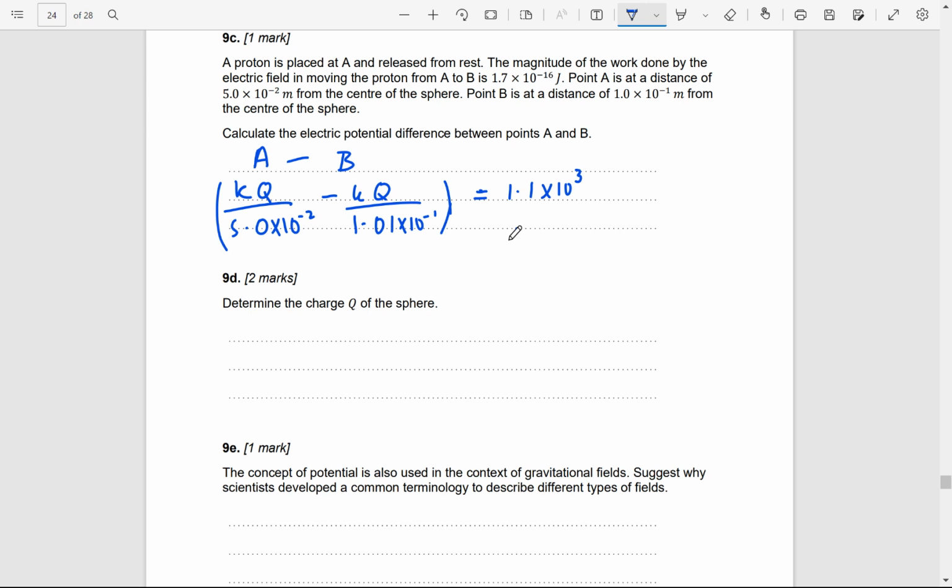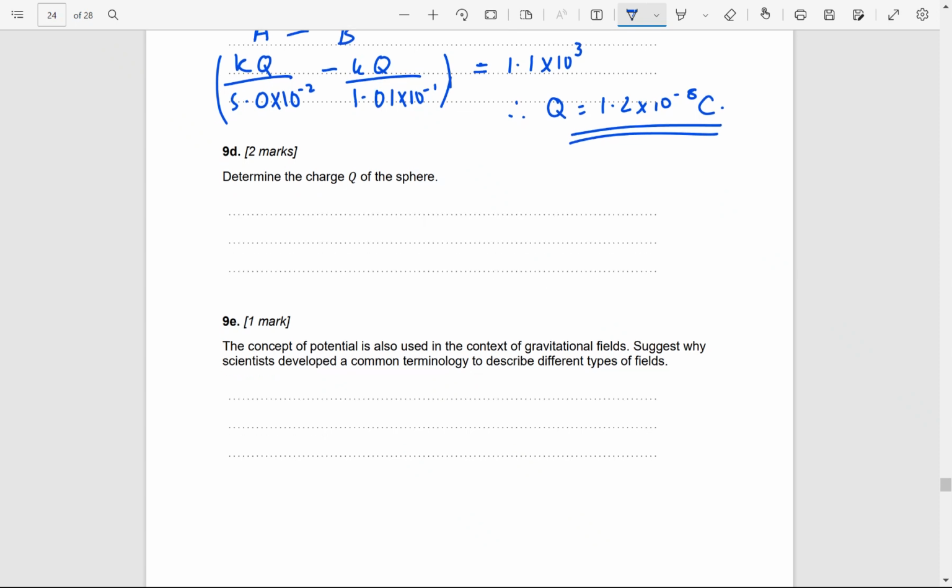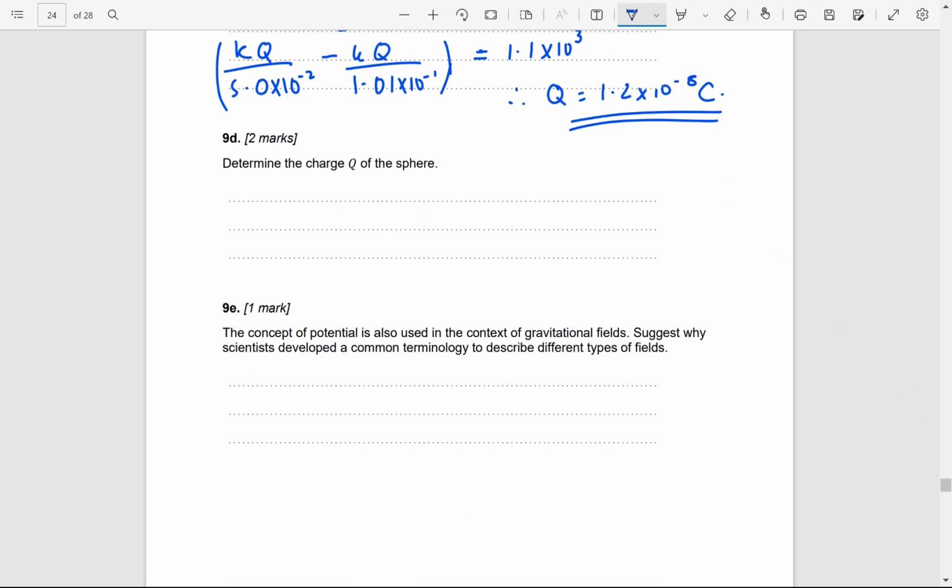So, therefore, Q equals 1.2 times 10 to the minus 8 coulombs. I have missed out a step there, but hopefully you can work through and figure out what I've done by plugging in the numbers into your calculator.